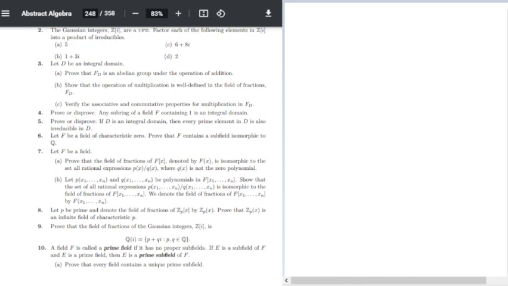Prove or disprove: if D is an integral domain, then every prime element in D is also irreducible in D. I imagine this is going to be false. How do I show this? So we need that every prime element in D is also irreducible.